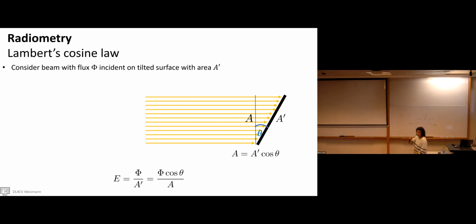It's the flux density, how much irradiance I'm going to have per unit area. So we have the same flux, Phi, but now it's divided by A prime, and A prime is larger than A. So the irradiance is going to be attenuated by cosine theta, this angle.